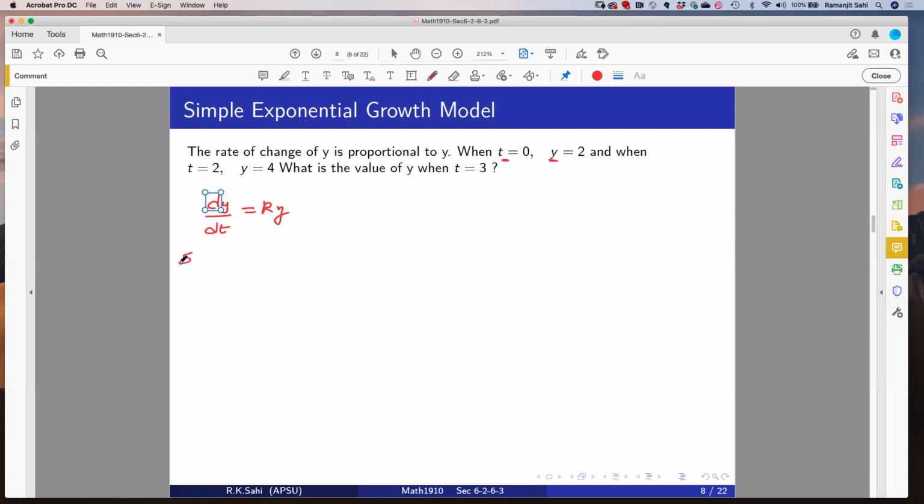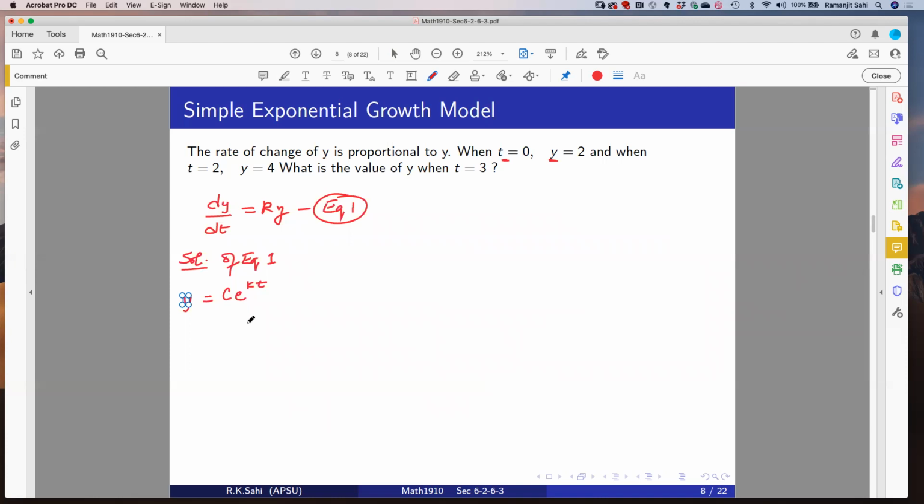We just learned that the solution of equation 1 is y equals c e to the power kt. Call this equation 2. And k is a proportionality constant, that's it.